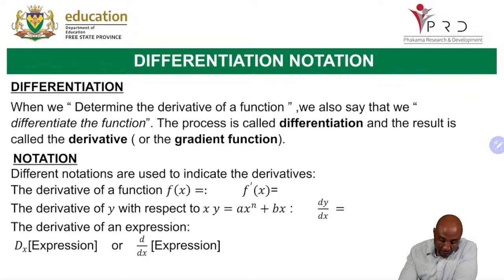If we are given our function in terms of x and we are finding the derivative with respect to x, y is equal to a exponent x plus that. The derivative becomes dy by dx. We do not write d by dx when we apply the rules. And then we also find d by dx of the expression.